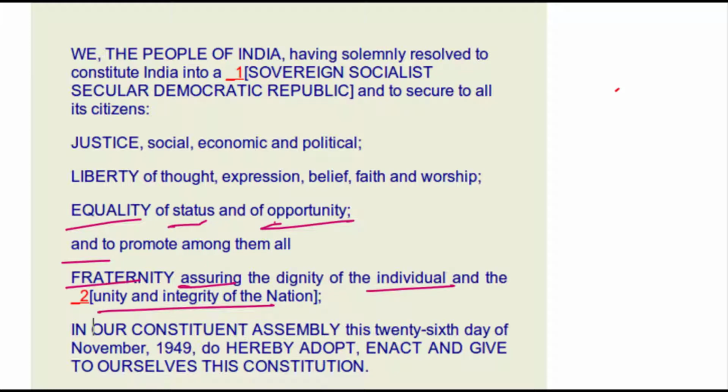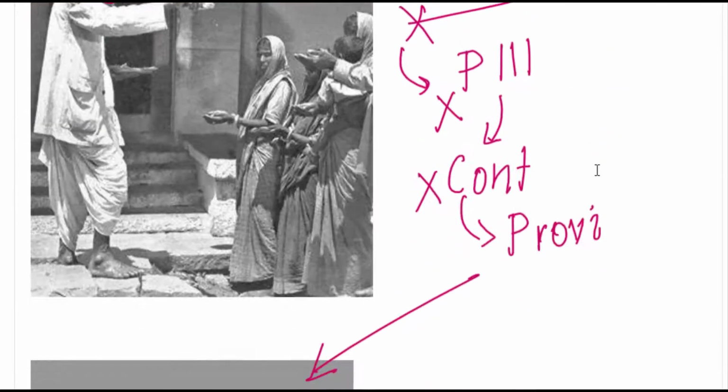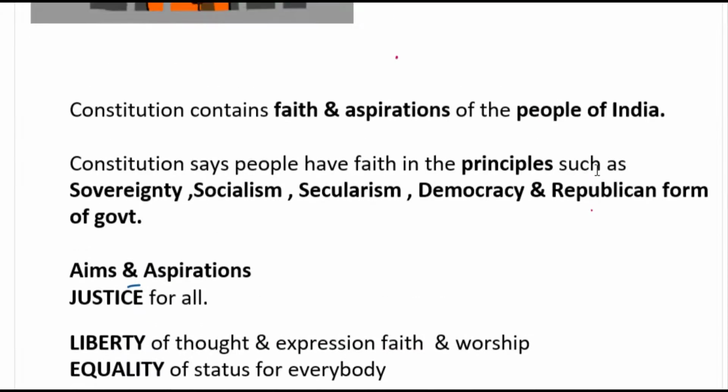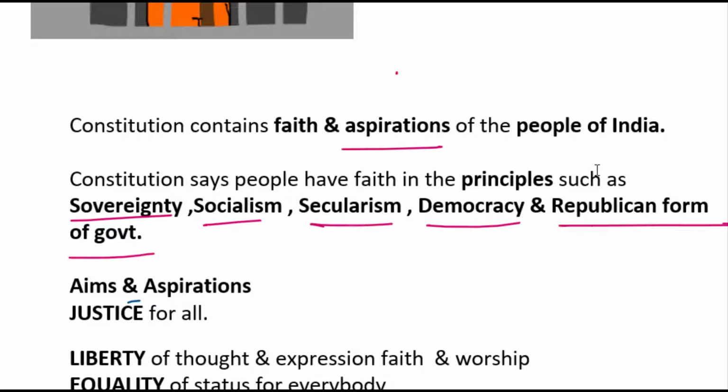Well, the Constitution contains the faith and aspirations of we the people of India. We the people of India have faith in certain values such as sovereignty, socialism, secularism, democracy, and the republican form of government. Now, aspirations are the objectives which we the people of India wish to achieve for ourselves.